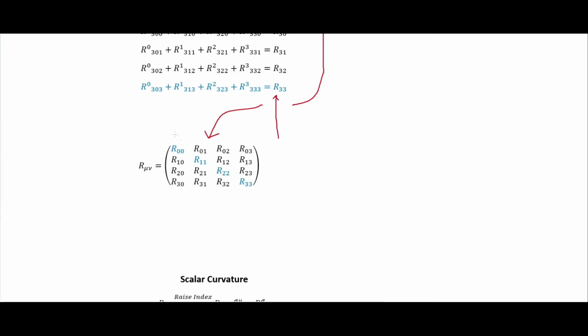But I like the matrix representation. I think it makes it a little more intuitive what's going on. But since this is only a rank 2 tensor, we can actually draw it in this matrix form.